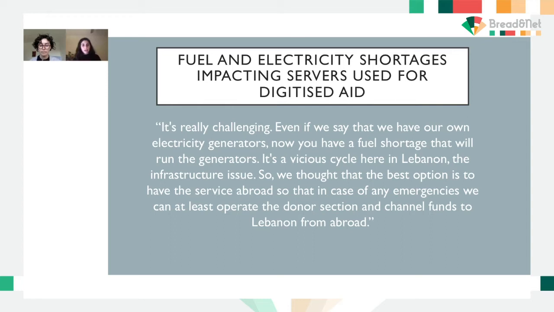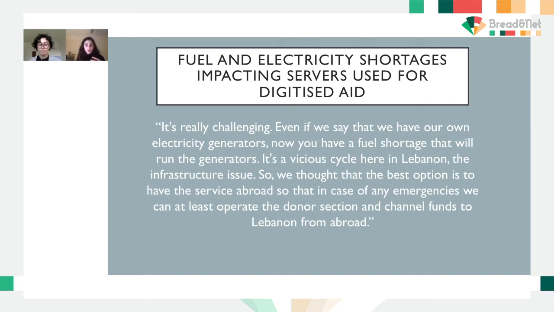And what they said is, it's really challenging. Even if we say we have our own electricity generators, now you have a fuel shortage that will run the generators. So basically it's become a vicious cycle in Lebanon, and it's become an infrastructural issue.